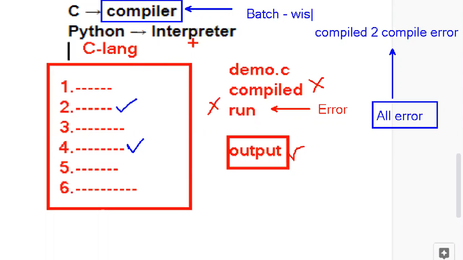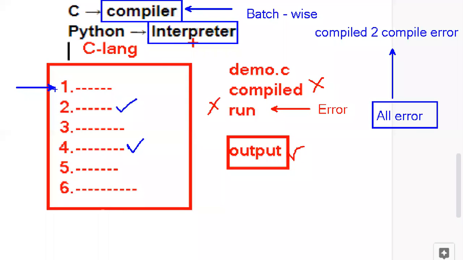If you take Python, it is executed by an interpreter. How a compiler differs from an interpreter is important to understand. A compiler executes your code at a time, so you can call it batch wise. Whereas an interpreter executes line by line. First, control goes to the first line.